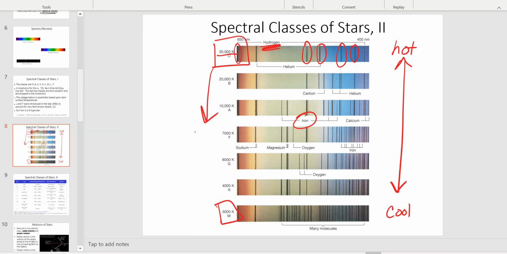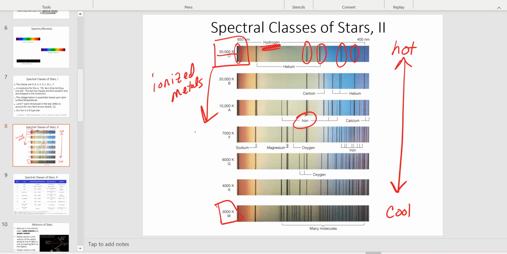So we start to see, I'm going to give you a broad overview here. We start to see ionized metals. Not in O-type stars, but as we go down toward the cooler stars. And then we start to see neutral metals in particularly in F-type stars.